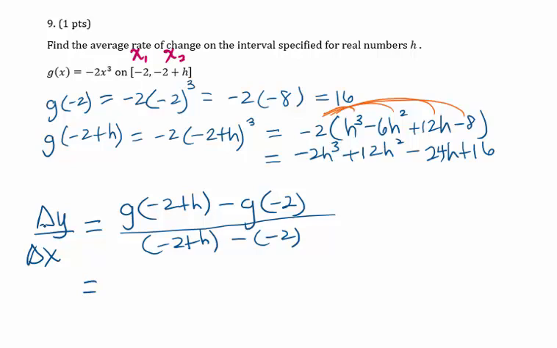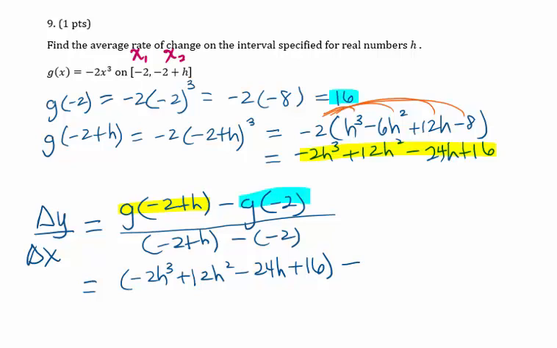Now we're going to substitute the expressions we found into the numerator. So g of negative 2 plus h becomes negative 2h cubed plus 12h squared minus 24h plus 16, and then minus g of negative 2 becomes 16.